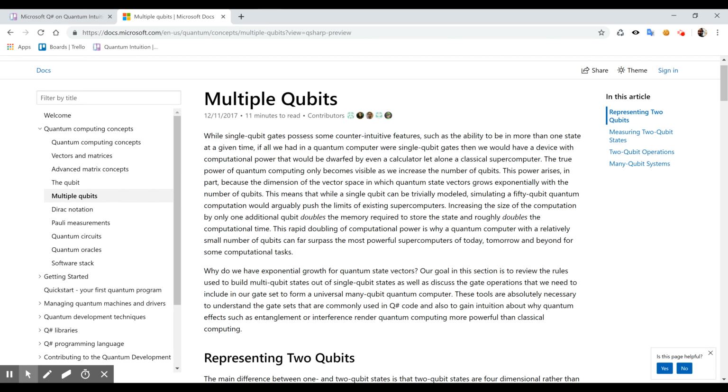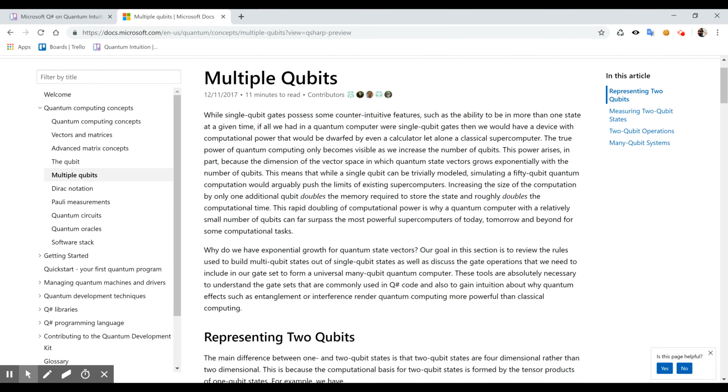That's true. The power arises in part because the dimension of the vector space in which quantum state vectors live grows exponentially with the number of qubits. A single qubit can be trivially modeled, but a 50-qubit quantum computer pushes the limits of existing supercomputers.